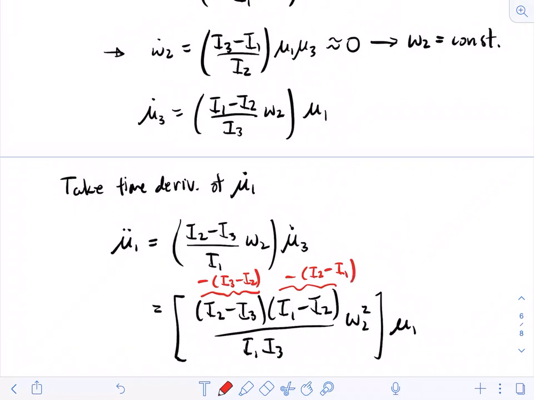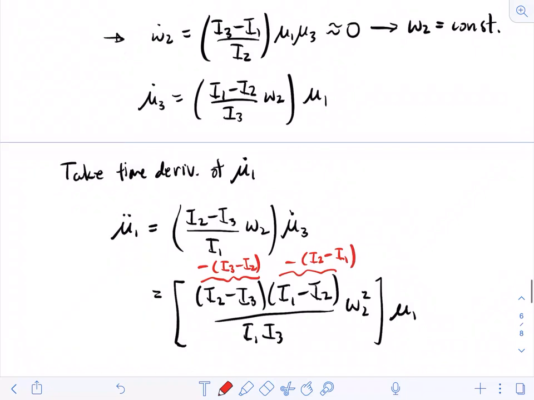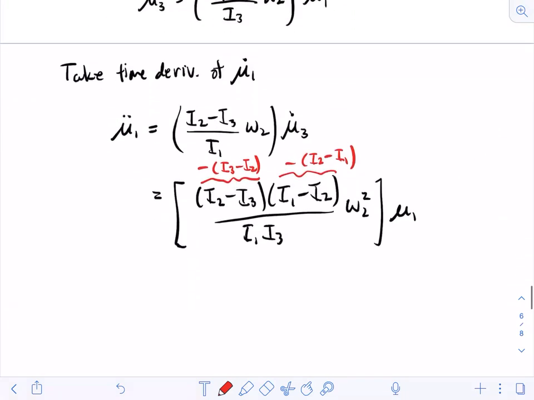In the previous cases, we only switched the order of one of those differences of rotational inertia. We've done it both times in this case, and so the two negative signs end up canceling, and what we get is an I3 minus I2 times an I2 minus I1.